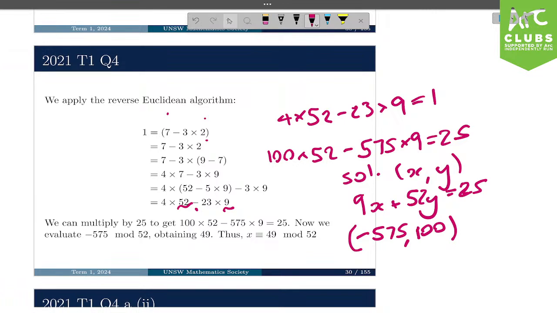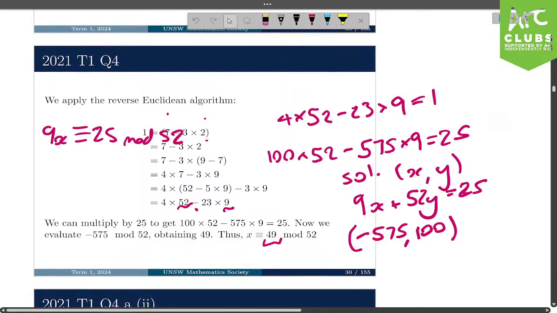So from there, we note that for our original question, 9x is congruent to 25 mod 52, one of our solutions is going to be 49, just by reducing minus 575 mod 52.